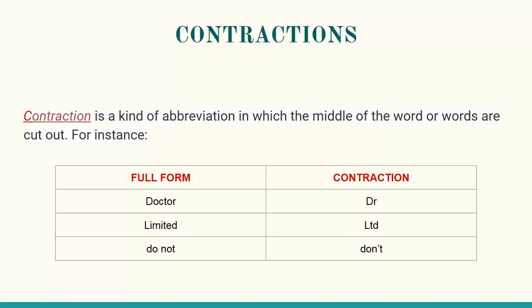Don't. Then we have doctor and limited, both words whose respective contractions are pronounced as we pronounce the full form word. Okay, doctor, limited, and the last example, do not, is pronounced as don't. Okay.